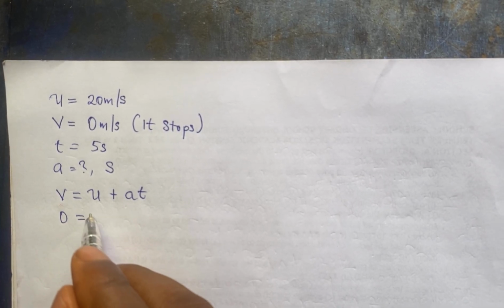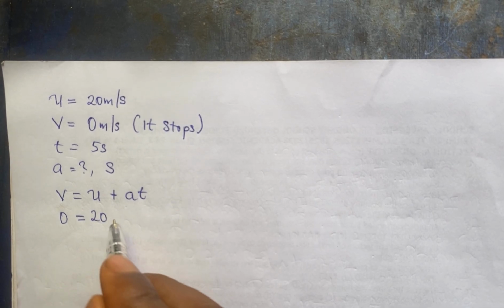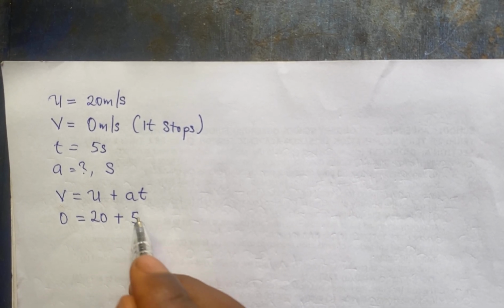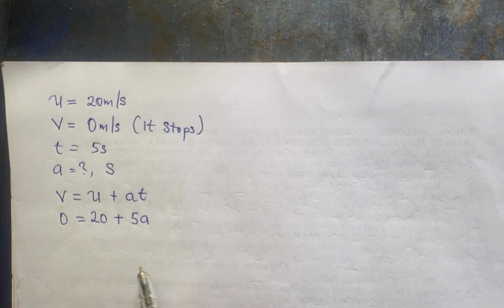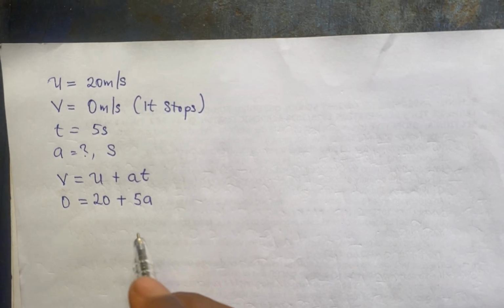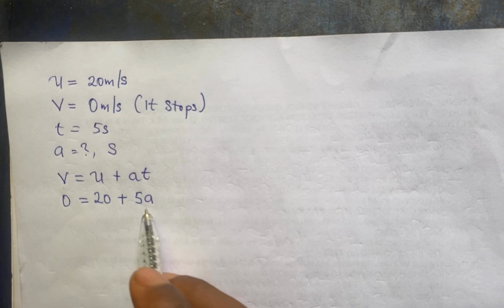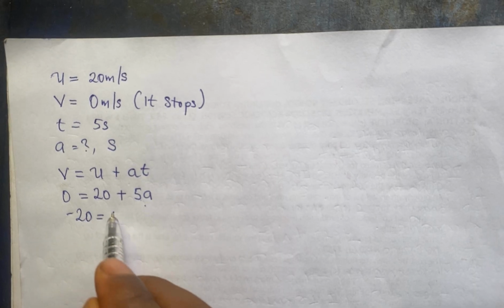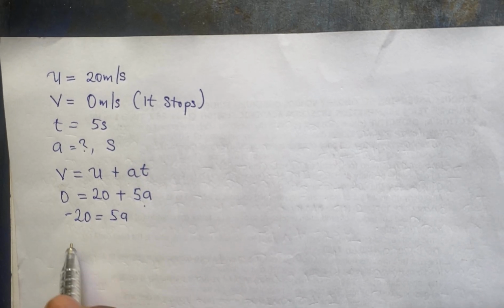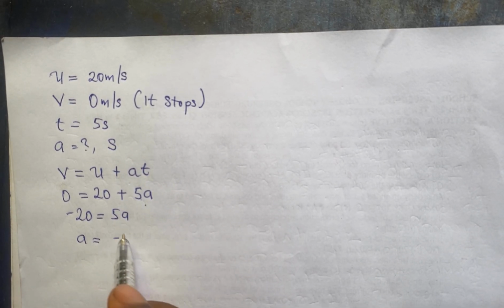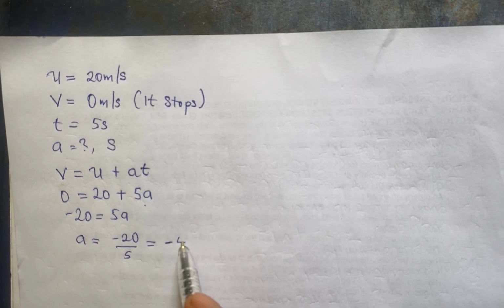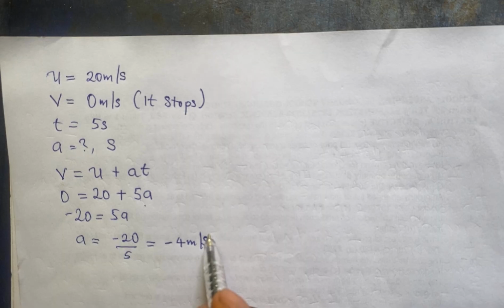What is your initial velocity? 20. Plus, we are looking for a, that's 5a, because your t is 5. Alright? So from here, you can do some of the formula. You can minus 20 is equals to 5a, so that your a is equals to minus 20 over 5, which is equals to minus 4 meters per second squared.